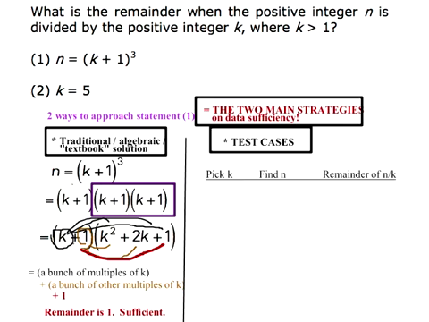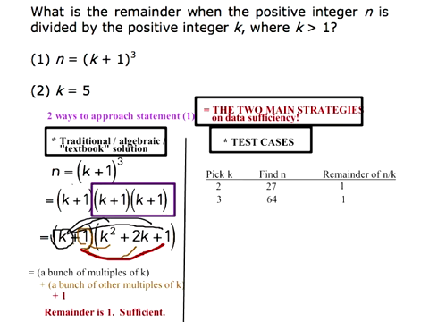If k is 2, then n is 3 cubed, which is 27, and the remainder there is 1. If k is 3, then n is 4 cubed, so 3 goes into 63, and that's a remainder of 1 again.